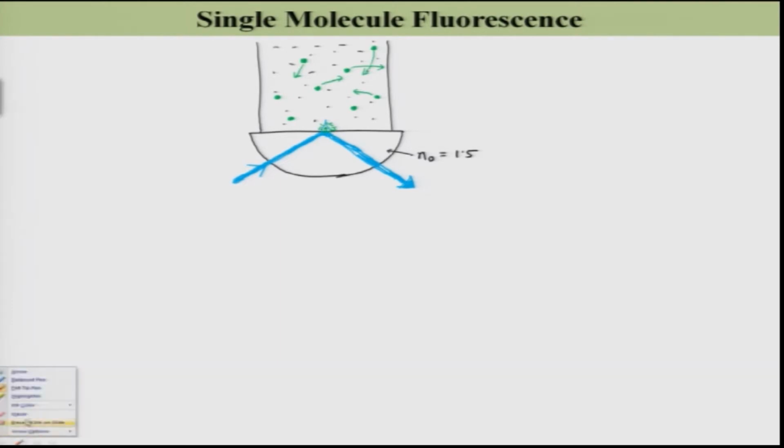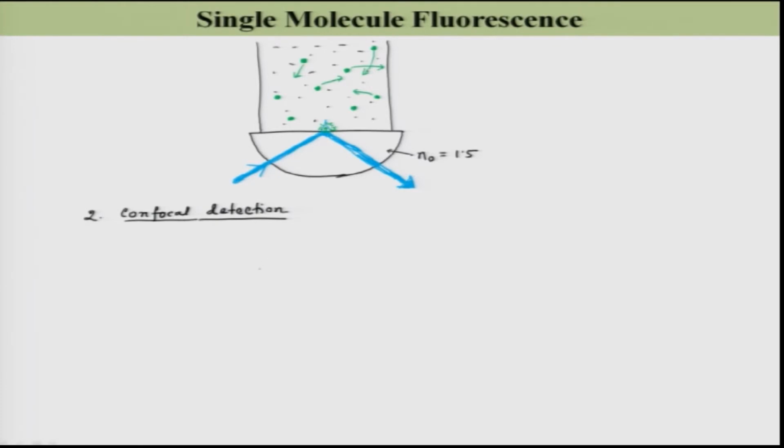The next method to achieve this small observation volume is called the confocal detection method. In this case, what we do is we use a lens.